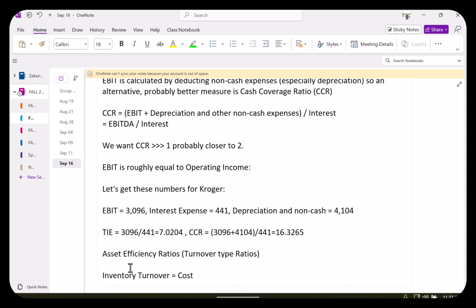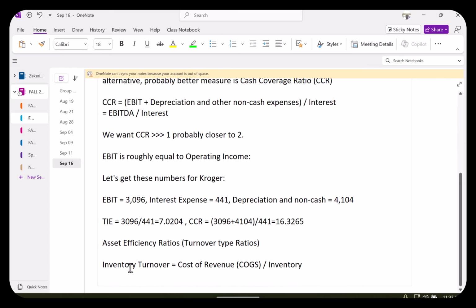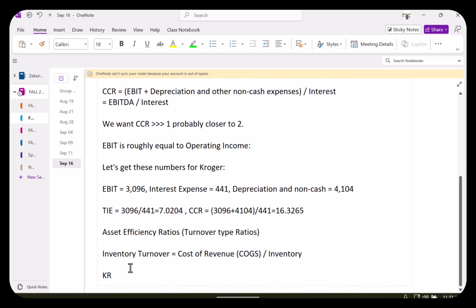You take cost of revenue or cost of goods sold and divide it by inventory. I'm going to calculate it for Kroger only. I'll post the spreadsheet for Walmart. You can calculate them yourself. I calculated them in the previous section, so I'm going to use them.